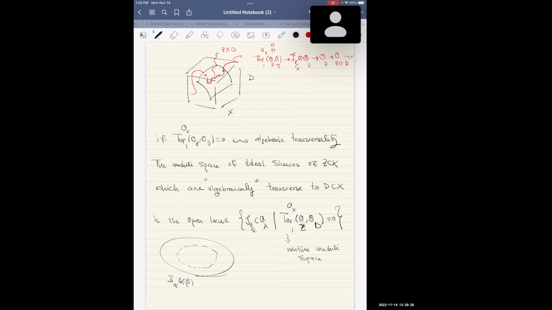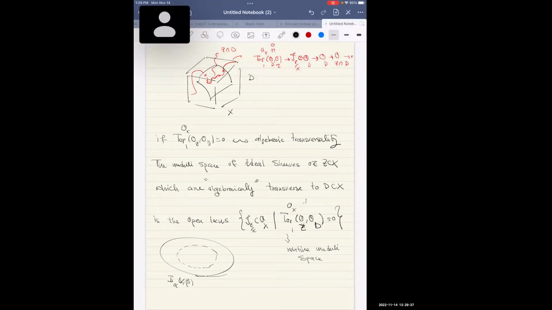Okay, so you need to actually call it something. You can call it I chi X beta with relative condition to D, meaning with transversality relative to D. So this is that open locus inside here relative to D. Okay, it's an open space.